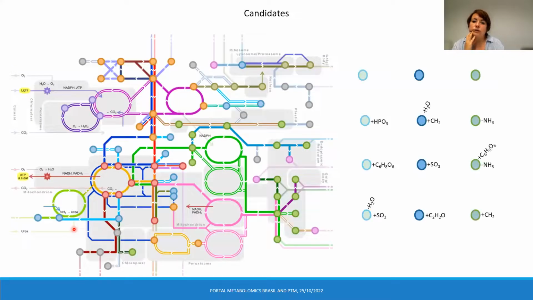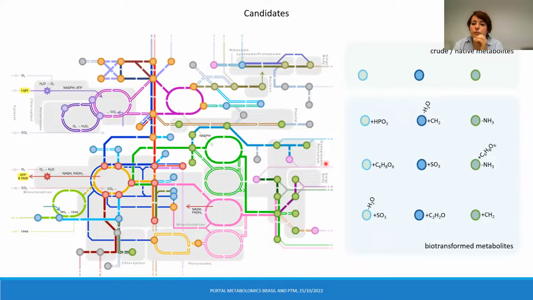And usually when annotating our metabolites or lipids, we think that they are crude metabolites, crude lipids, that this is just, for example, palmitic acid. But it might be that this is hydroxypalmitic acid, or methyl, sulfate or phosphate.